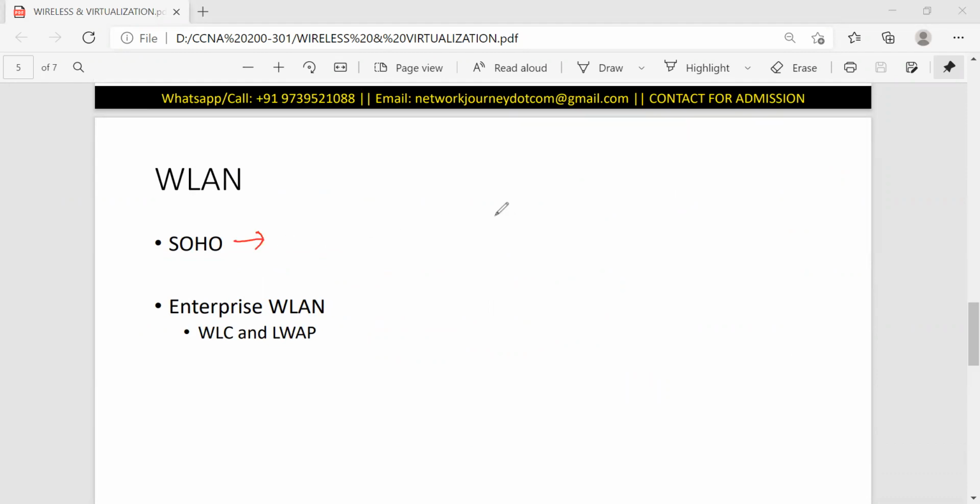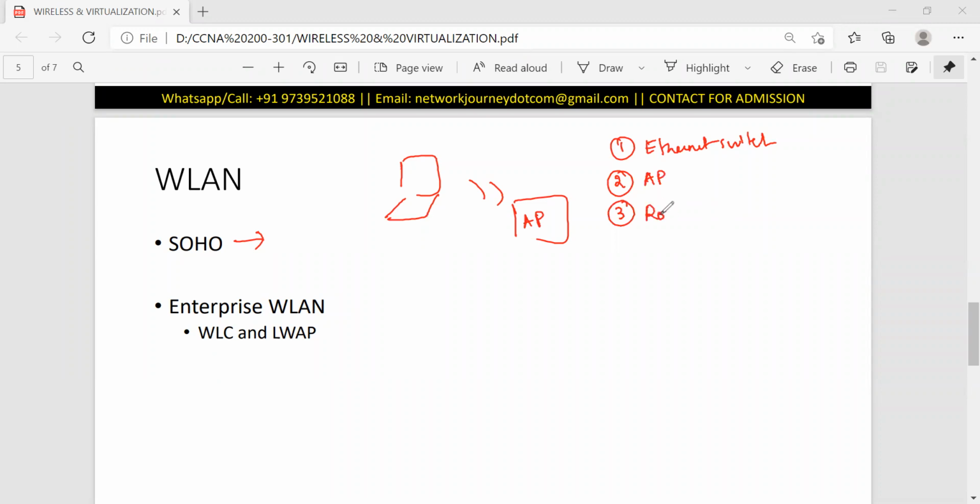For such a scenario with a very limited number of users, where you have wired or wireless devices connected over an access point, this access point is acting like many things. It is acting like your ethernet switch, like your access point, like a router, and in some cases it may also act like a modem.